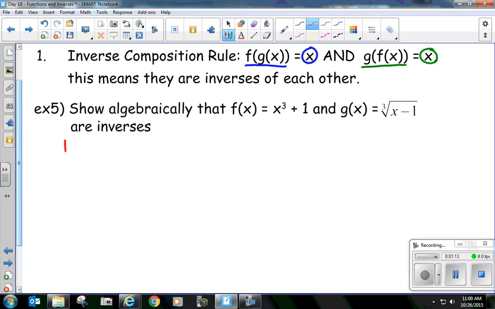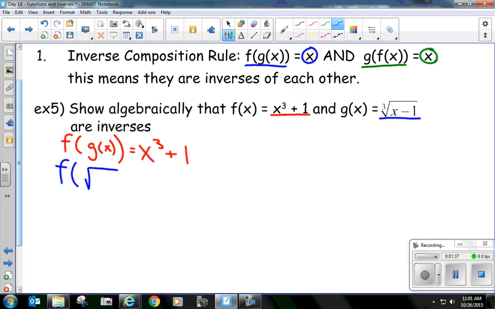I'm going to start out with f of g of x and see if that will equal just x. Okay, first of all, an f of x function is x cubed plus 1, right? Well, what am I putting in there? I'm putting in there g of x, right? So I'm going to say f of g of x, which is the cubed root of x minus 1.